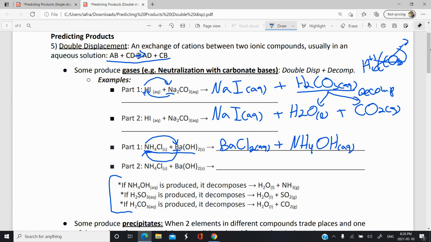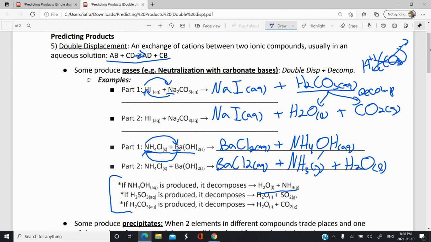And now what we need to do is rewrite this as BaCl2 aqueous plus we're going to decompose this one here into NH3, as we can see over here, which is our gas, plus H2O, which is our liquid.